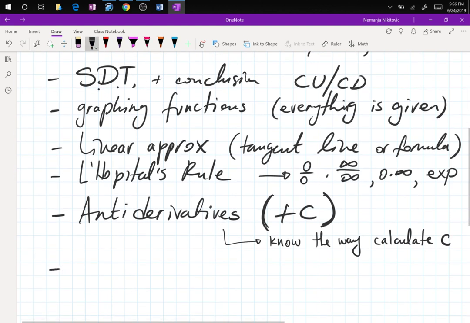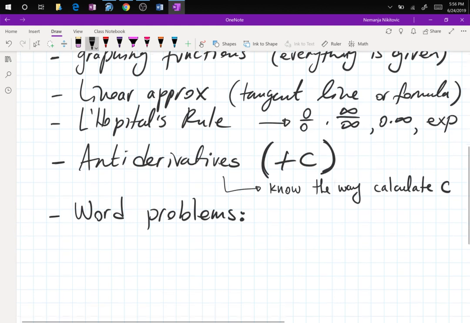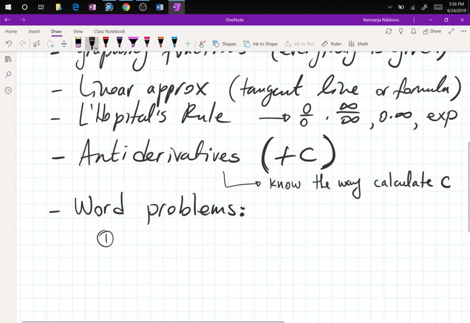And finally, word problems. We have three flavors. Number one, optimization, which is the min-max stuff.